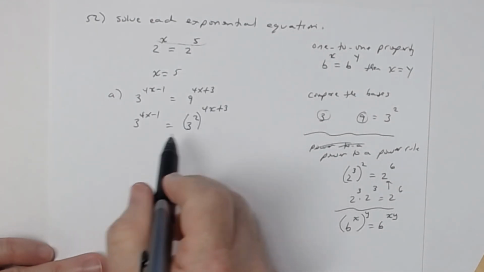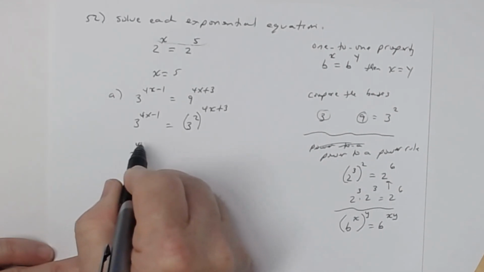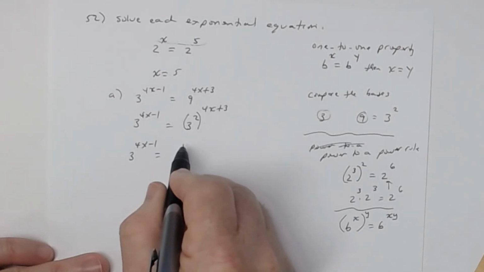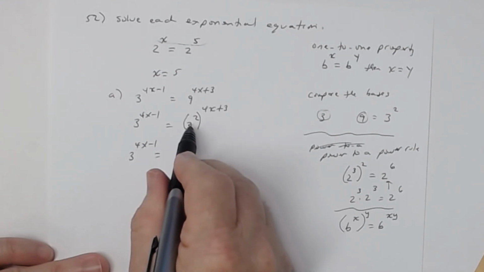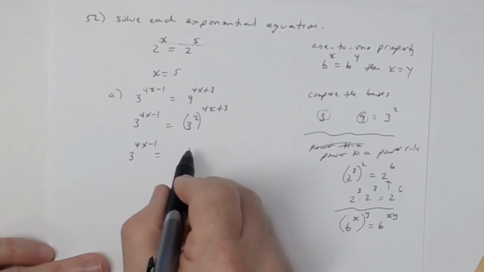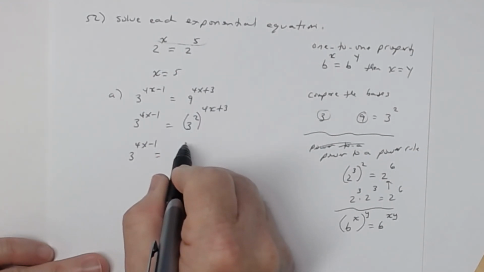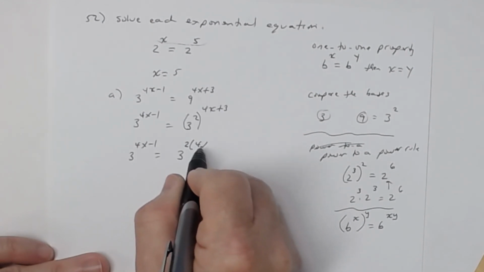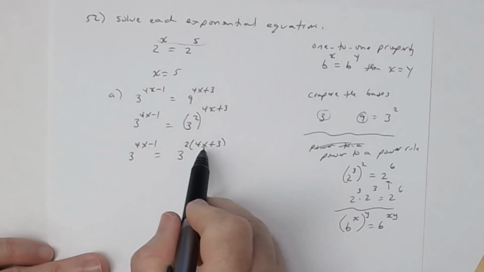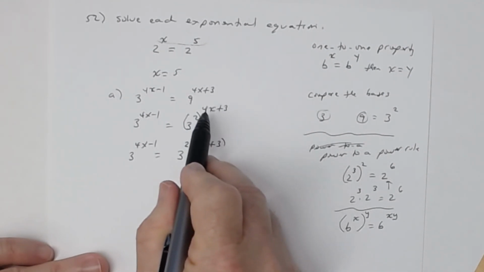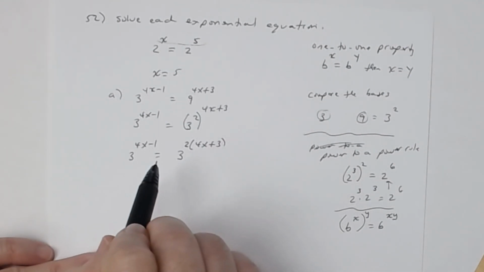All right, so then what you're going to do now is rewrite it like this. Now be careful. You're going to rewrite this right hand side as 3 to the, and the exponent is going to be 2 times 4x plus 3. So make sure you understand that 4x plus 3 is being multiplied by 2.